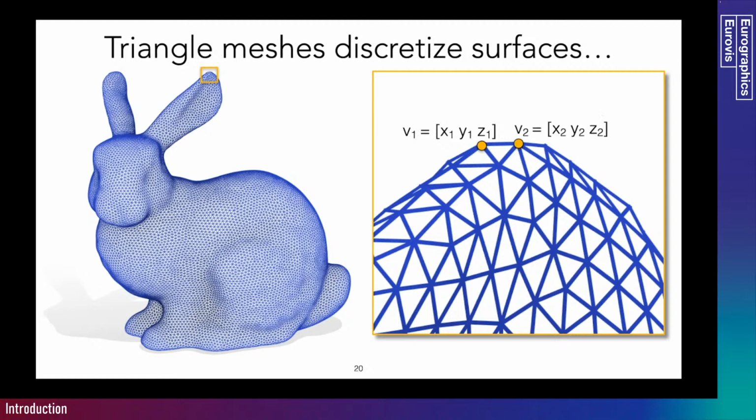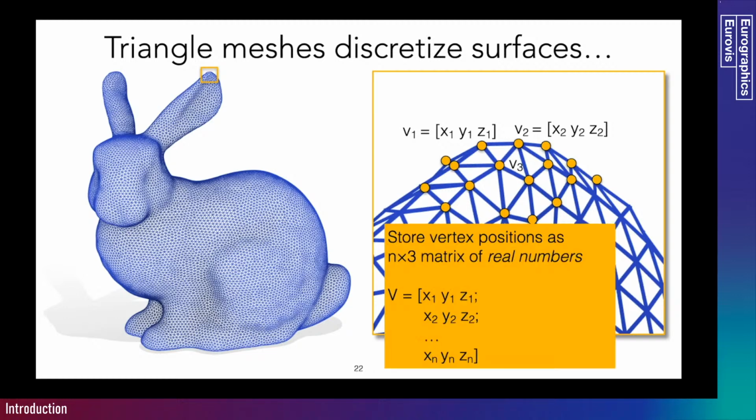So we have one set of coordinates for every vertex, and the way we decide to represent all of these is to take all these vertices and put them together in one matrix that has as many rows as the number of vertices and 3 columns, one for all the x coordinates, one for y, and one for z. So this is just an n times 3 matrix, with n the number of vertices. It's a matrix of real numbers.